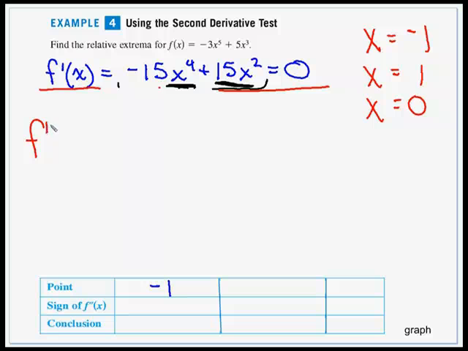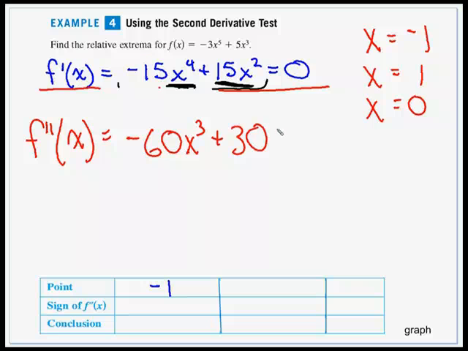So f double prime, our second derivative. 4 times 15 is 60, and it's negative 60x to the third plus 30x to the first. So we take these first derivative critical numbers and plug them into the second derivative and check the sign out.